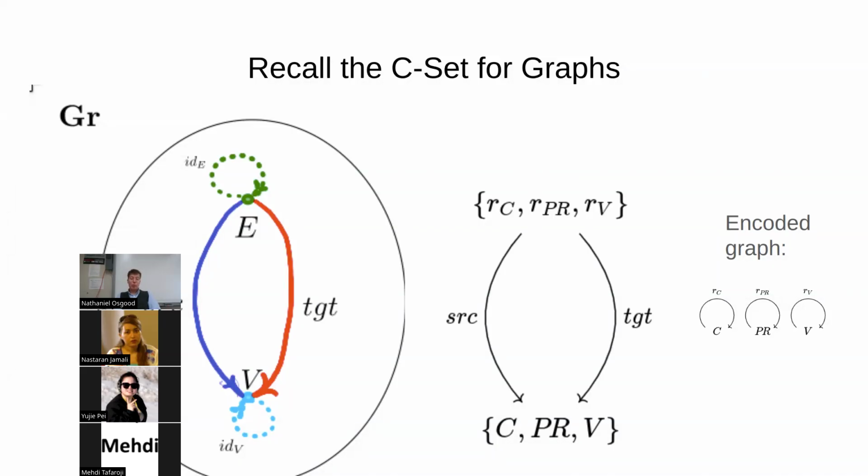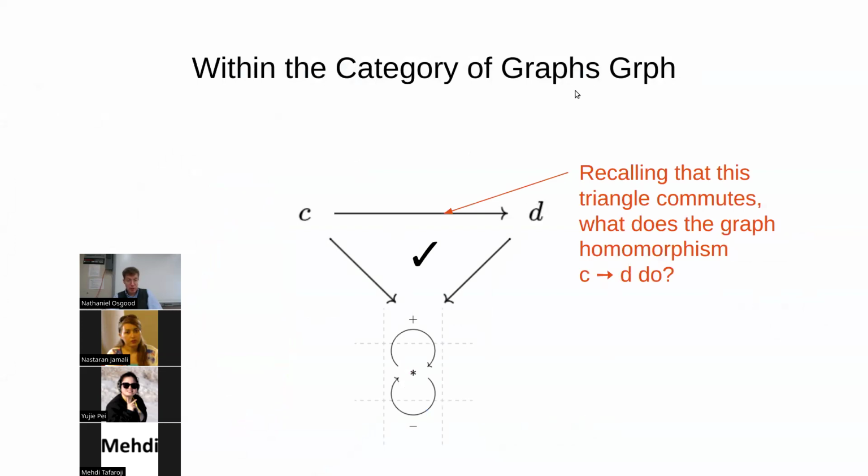Okay. Now, there's a lot more nifty things you can do with slice categories, particularly when you start slicing over the category Cat. And morphisms in this category are then functors that honor composition.